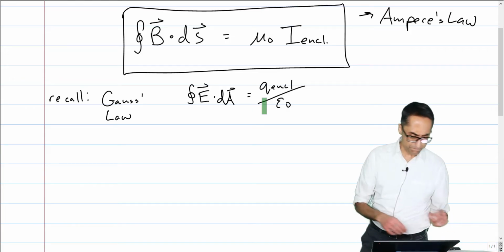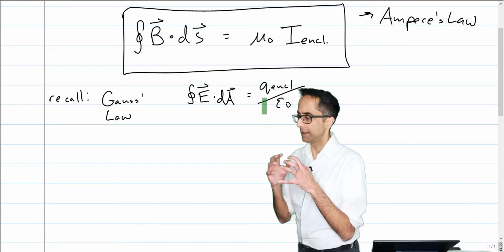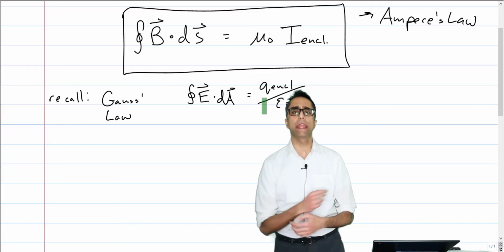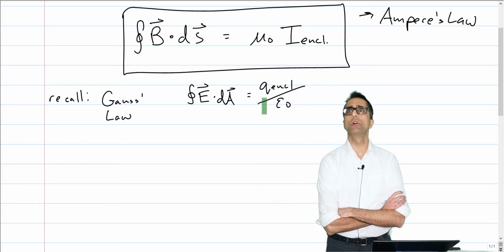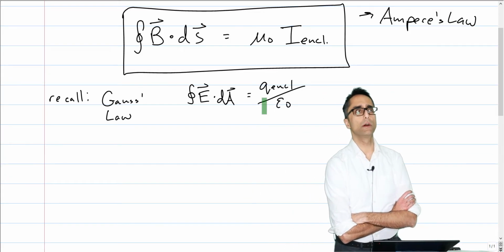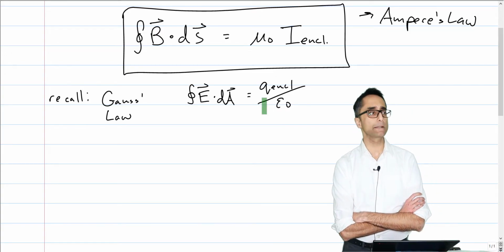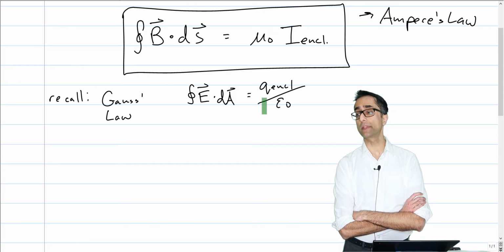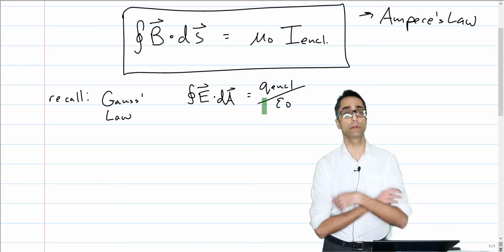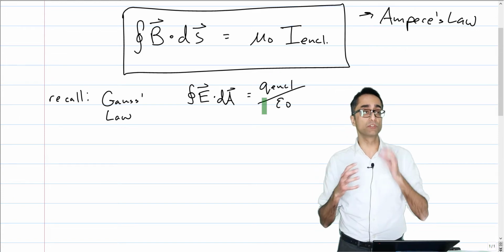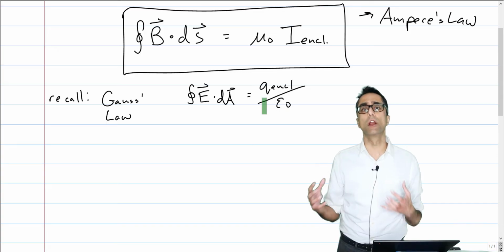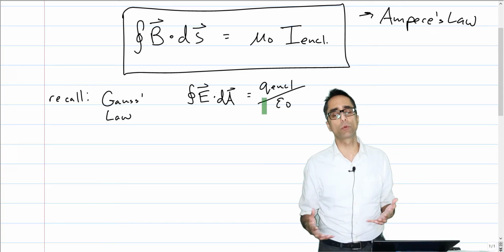Now, I want us to remember what we did when it came to our current. When we were doing our Gauss's law for different charges, we had to take into account different types of surfaces and volumes that we could encounter, whether it was a sphere, a cylinder, a plane. Now we don't have to worry about any of those things.